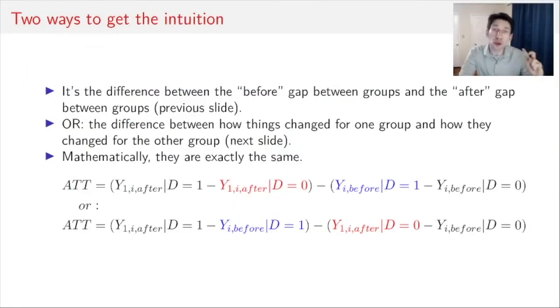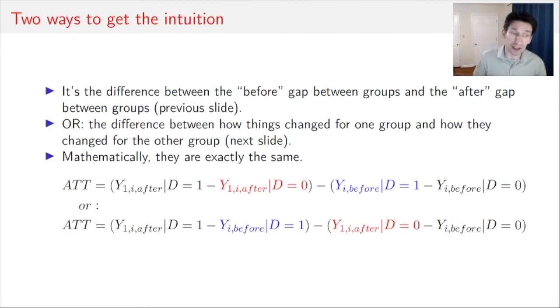So there are actually 2 ways to get the intuition for this. Either you can think of this as the difference between the before gap and the after gap between the two groups, which is what we just saw on the previous slide, or what I'm going to show on the next slide, the difference between how things changed for the first group and how things changed for the other group.